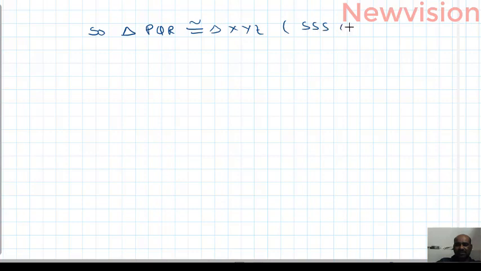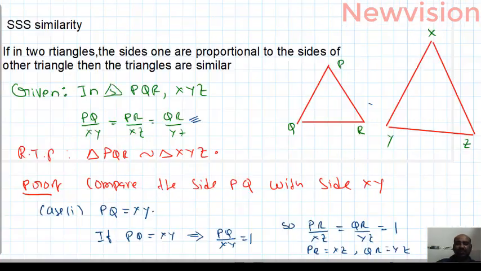So triangle PQR is congruent to triangle XYZ, from SSS congruency. If two triangles are congruent, automatically they are similar. So triangle PQR is similar to triangle XYZ. I proved these two triangles are similar in one case, that is PQ equal to XY, and automatically you got PR equal to XZ and QR equal to YZ.